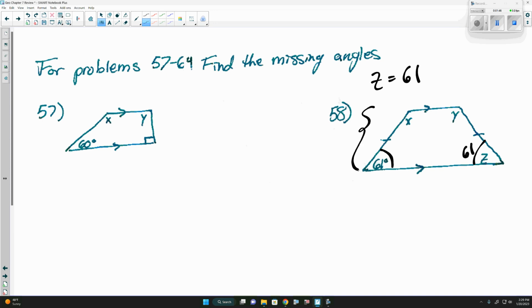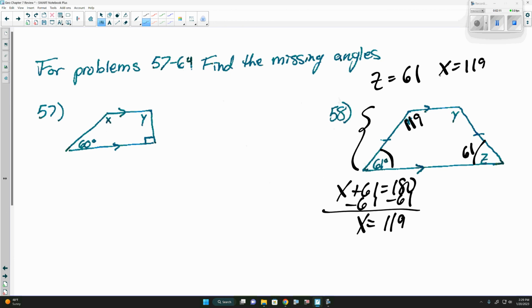Now the non-base angles in trapezoids are supplementary. They add up to be 180. So we can say x plus 61 degrees is equal to 180 degrees. So we can subtract 61 from both sides, telling us x is equal to 119. So this is 119 degrees.